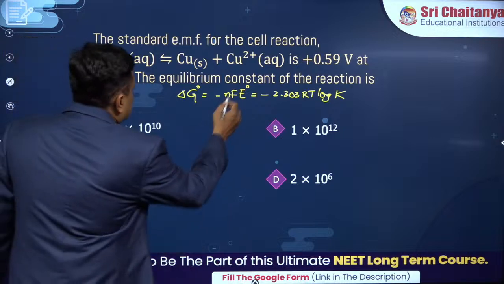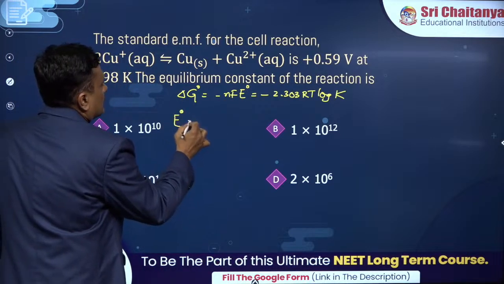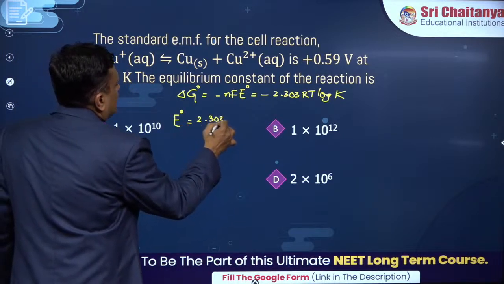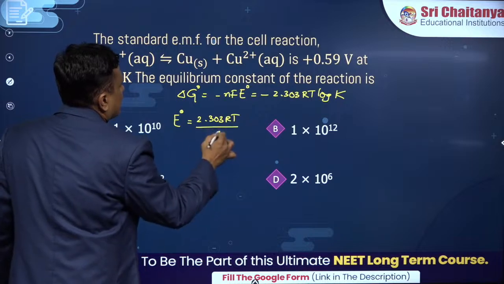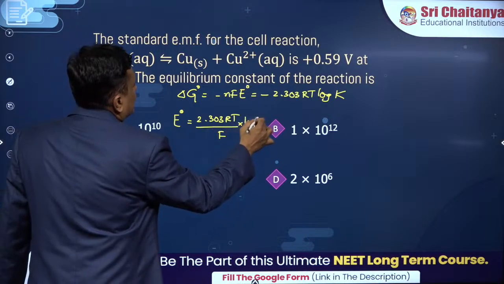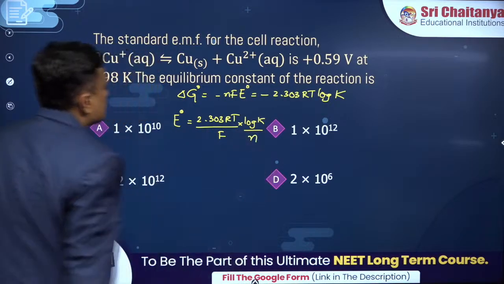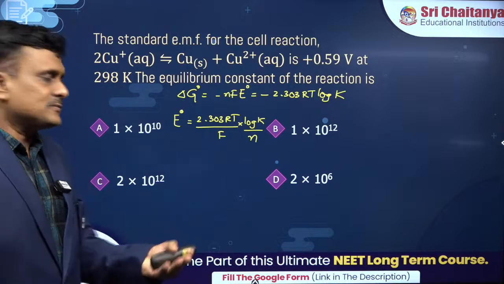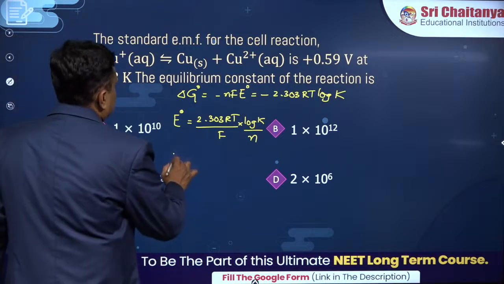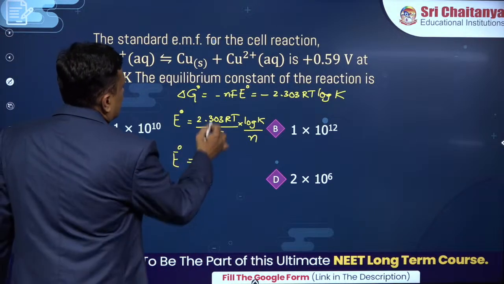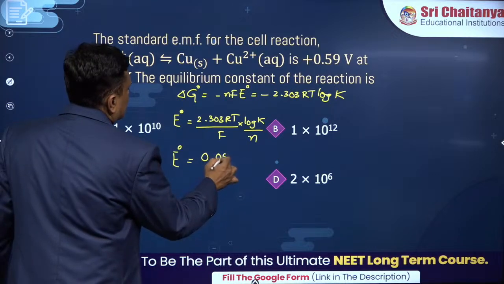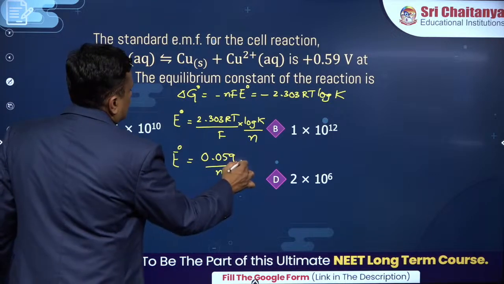So you can write this as what? E naught equal to 2.303 RT by F into log K divided by n. Why am I writing it like this? Because you know this entire value as what? 0.059 by n into log K.